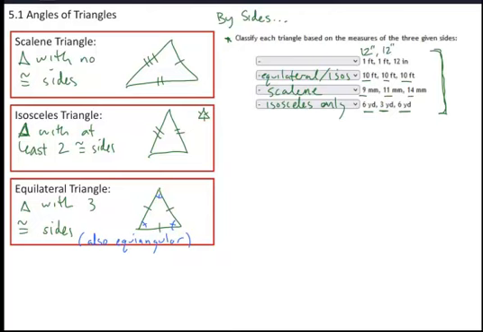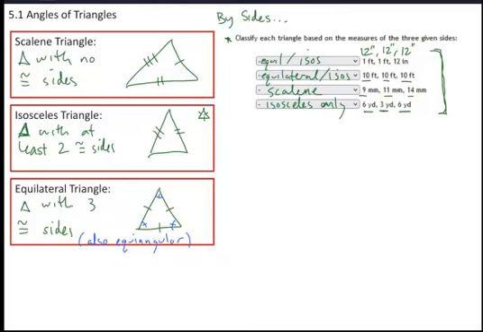So be careful. Look carefully at the units, because now you get equilateral and isosceles. In this particular case, you're not going to have one that's only isosceles. It's either isosceles only, scalene, or equilateral and isosceles.